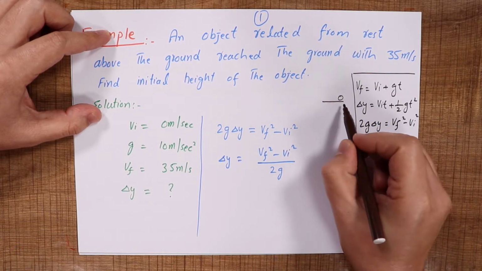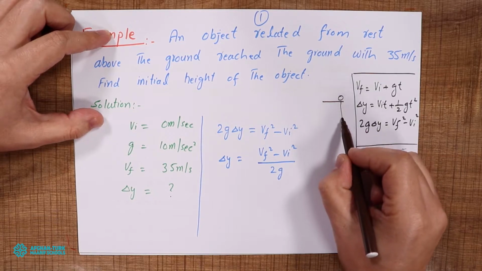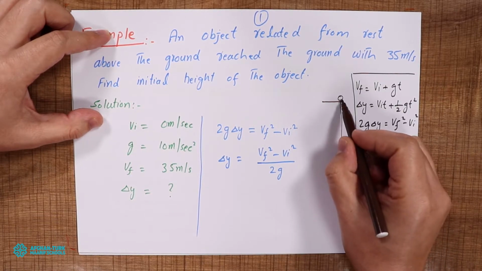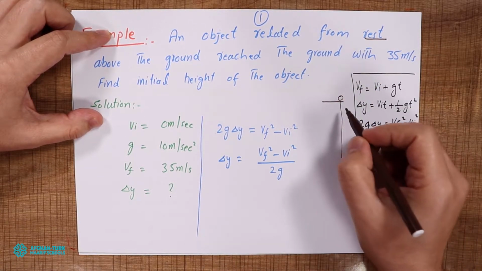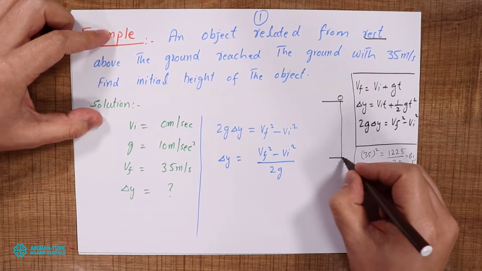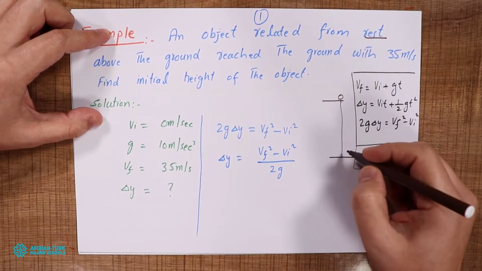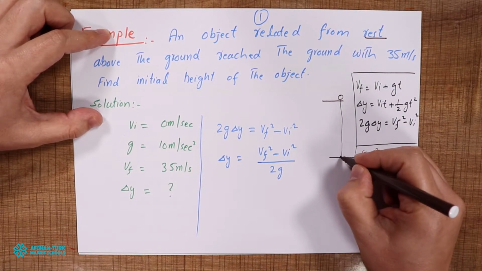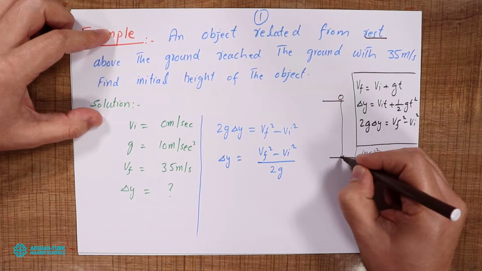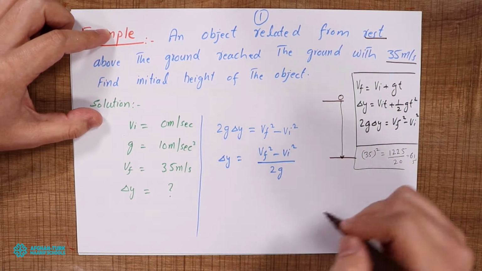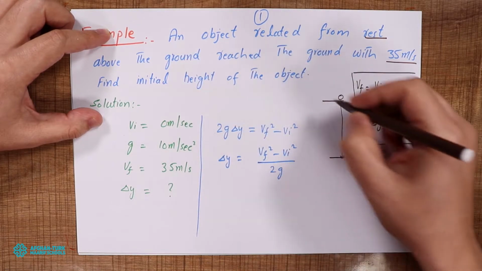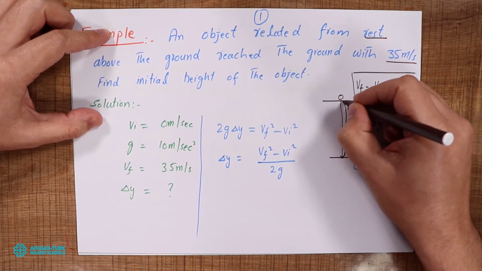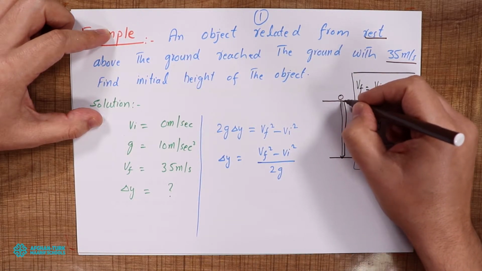Let's suppose we have a ball, and at first it is at rest. After some time, when this ball reaches the ground, its speed at this point is 35 meter per second. So they said find the initial height, meaning find the total height of the ball or this object.